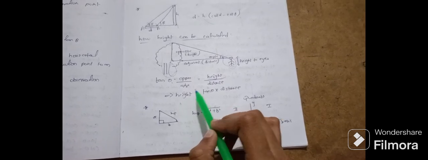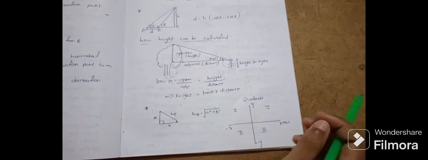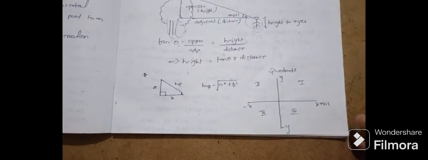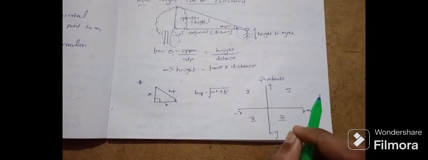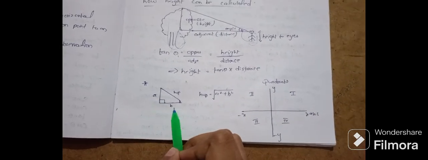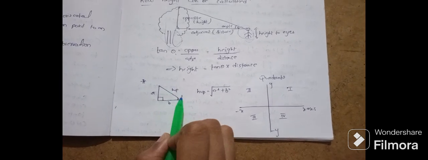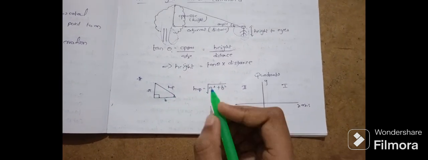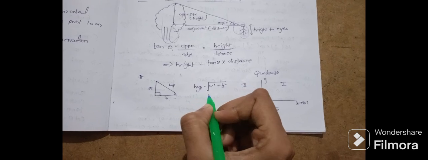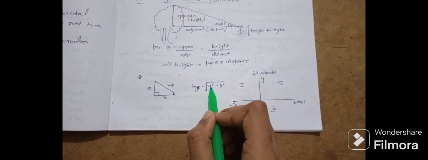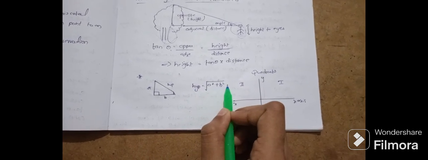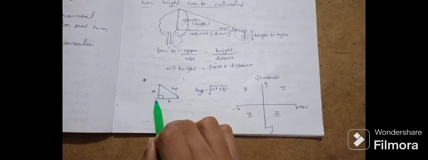So height equals distance into tan theta. In some problems, if they give only the base value and height value and you need to find the hypotenuse, then as we have learned from school level, hypotenuse is equal to the square root of base square plus height square, b square plus h square.